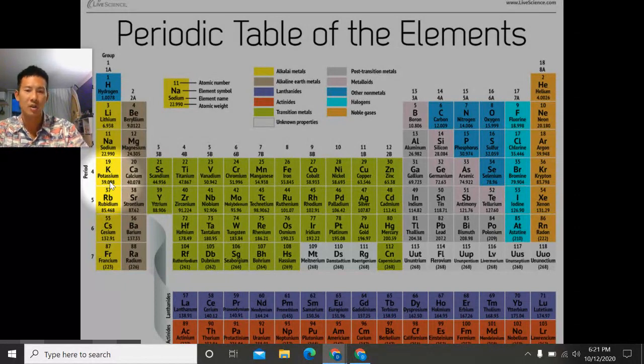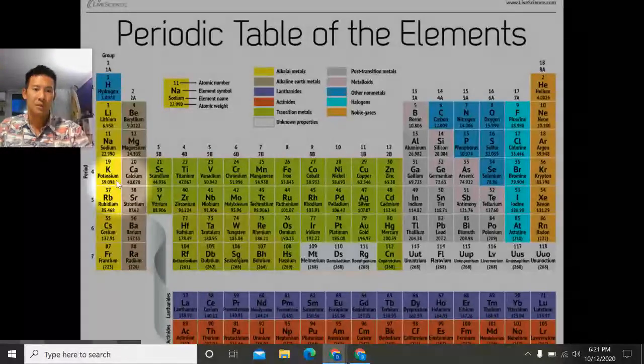Therefore, their charges are similar. Therefore, their properties are similar. For example, sodium: if you separate it by itself and throw it in the water, it'll actually explode. Same thing with potassium.